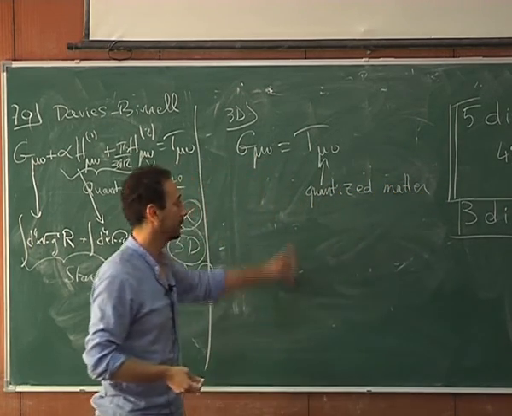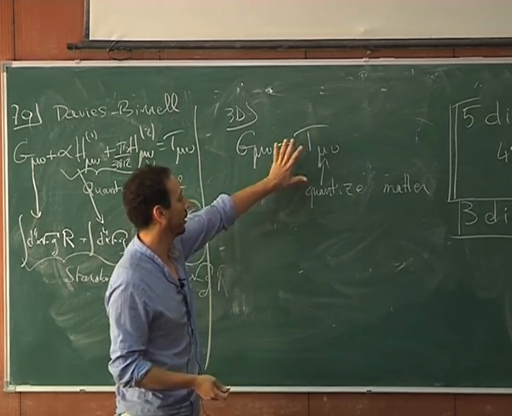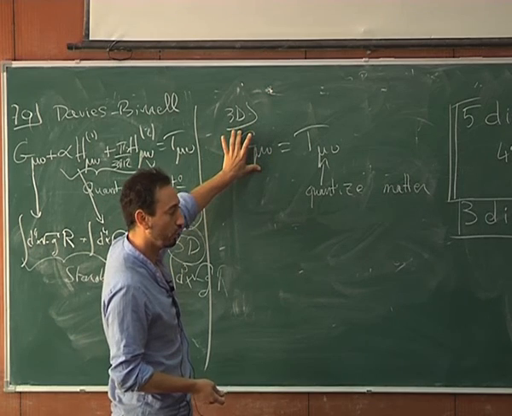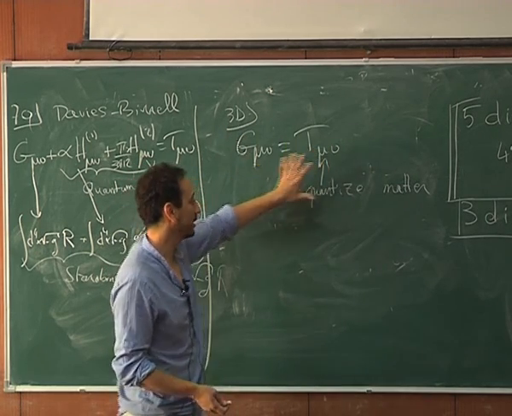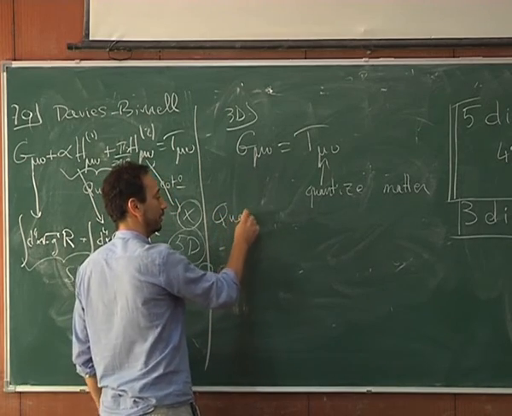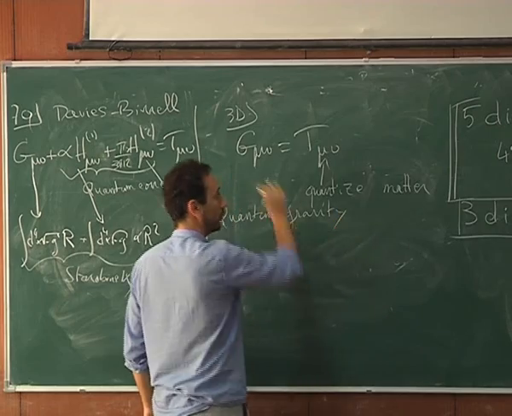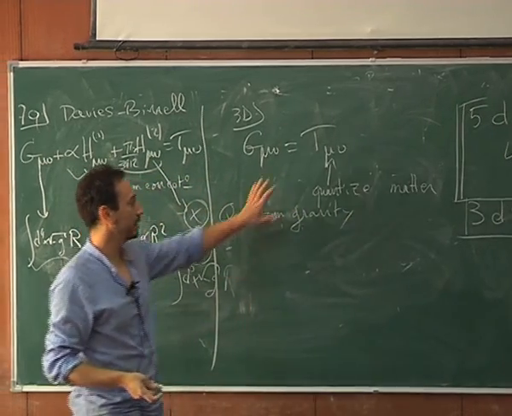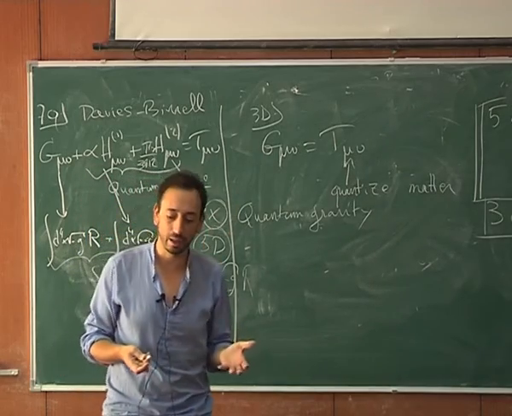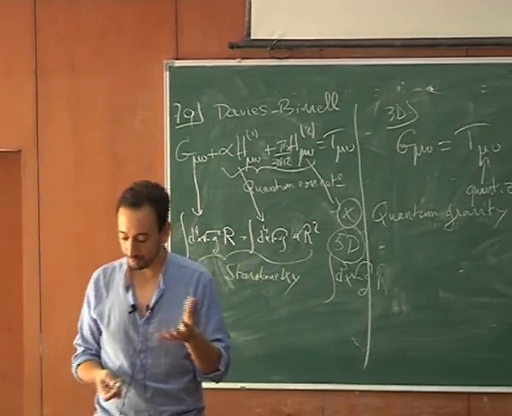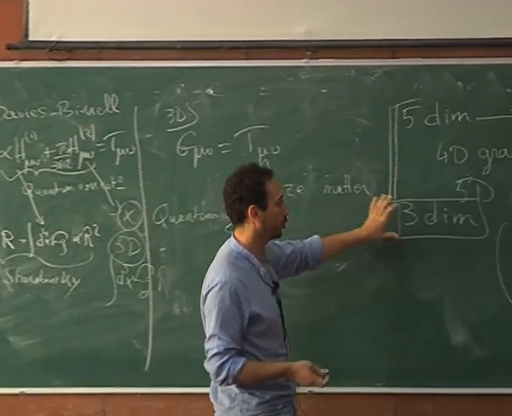You don't need to quantize the full geometry, because there is no graviton here. There are no gravitational waves to quantize. So you quantize just this, and then you have a theory which is quantum. Then you can see what the effects are on black holes, on cosmology, etc. And it's just a belief that this might give us some information on what's happening in 4 dimensions.